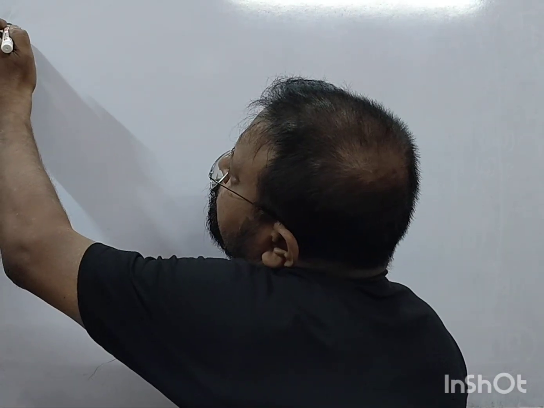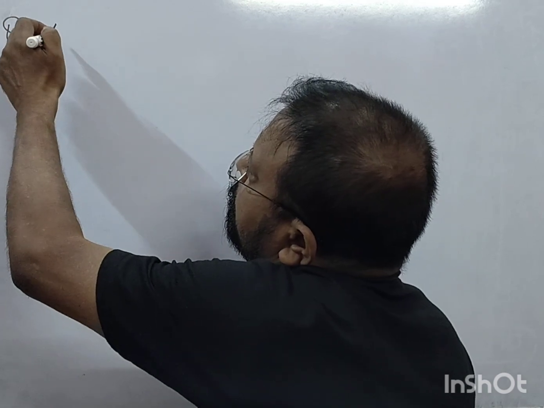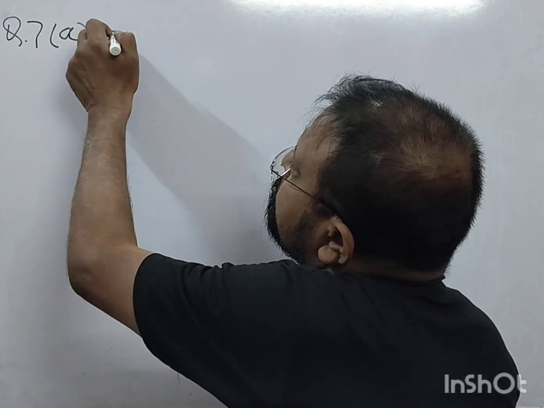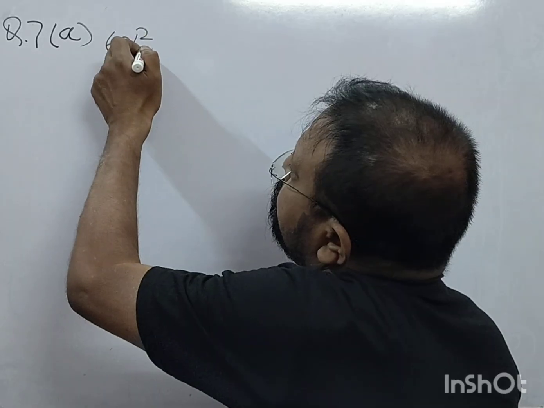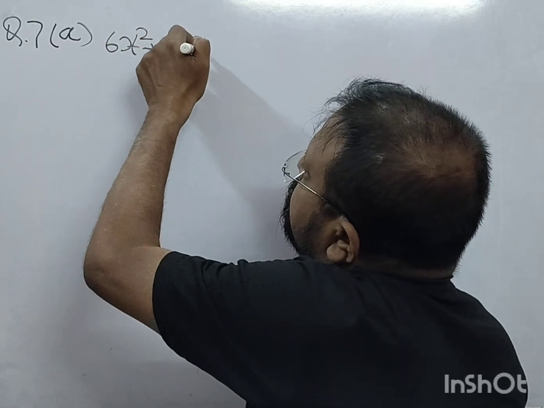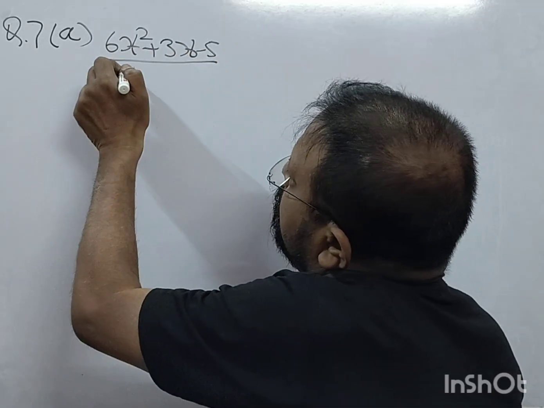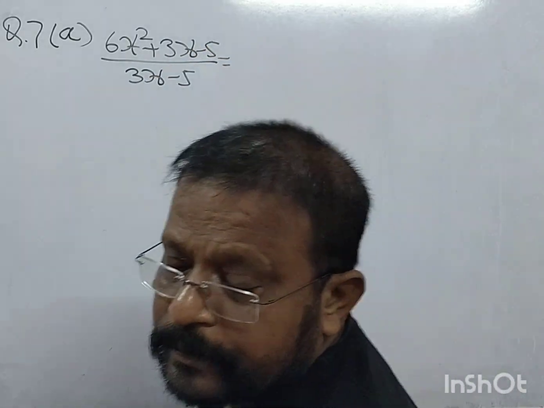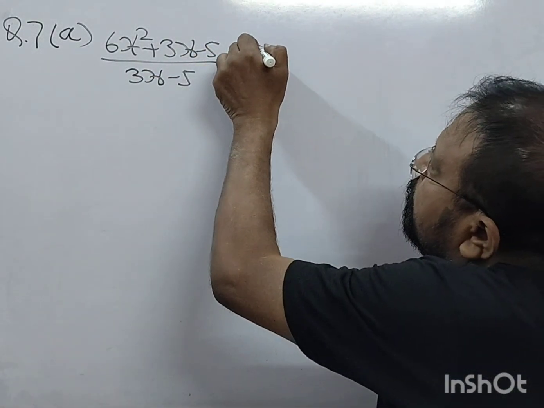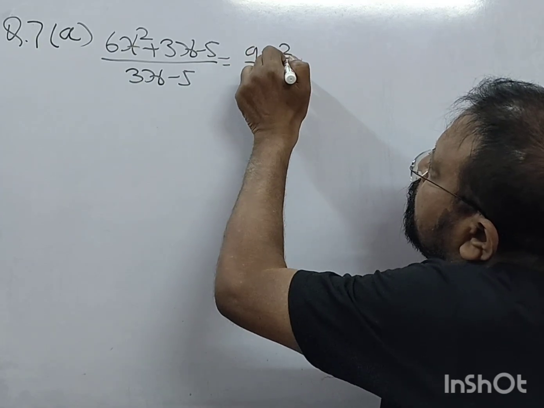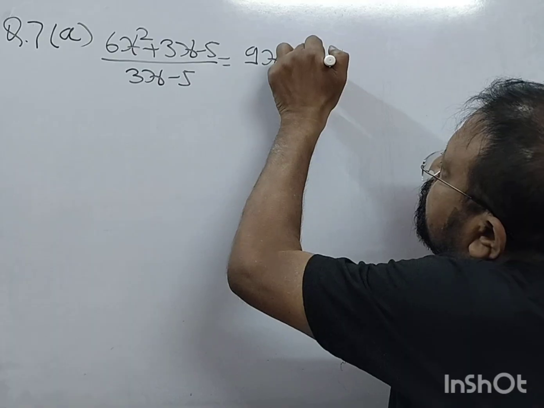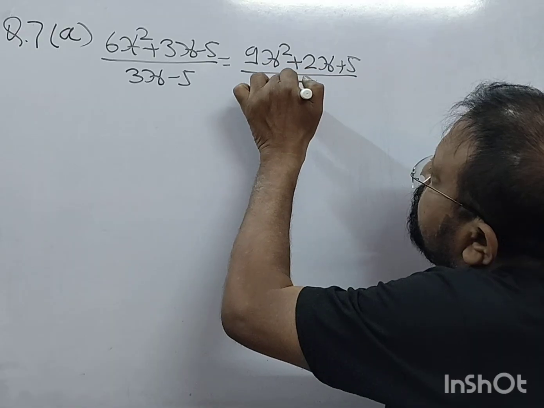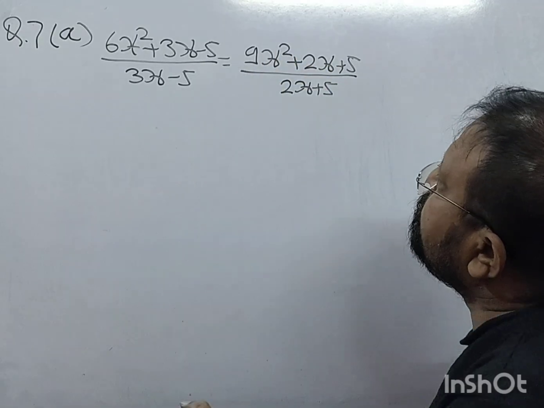Question number 17, part A. Can you read this? (6x² + 3x − 5)/(3x − 5) = (9x² + 2x + 5)/(2x + 5).